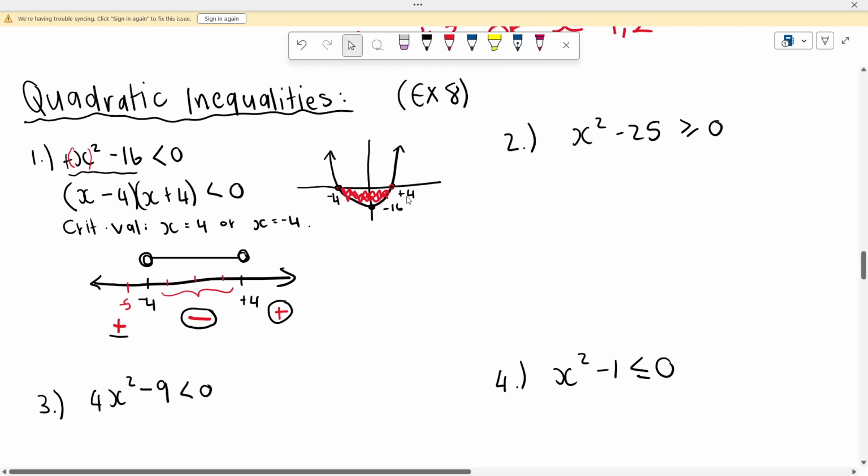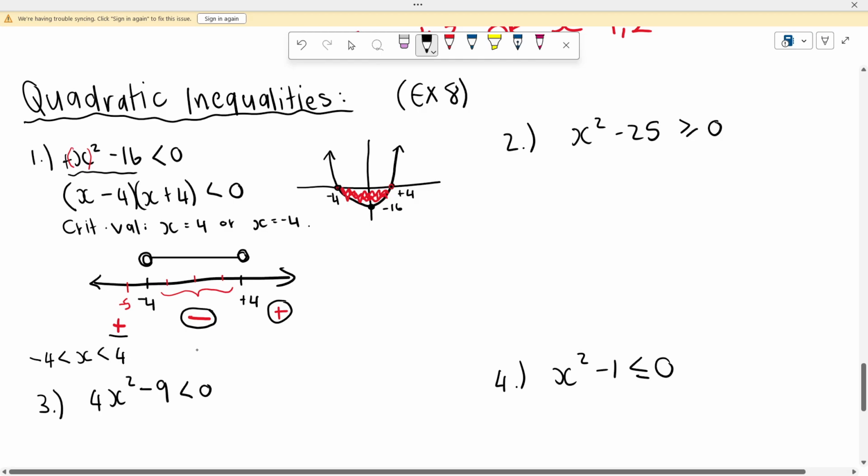Now, had you written this in any format for me, you could have written, okay, x is going to be between negative 4 and 4. Or you could have written x is an element of negative 4 to positive 4, both excluded.